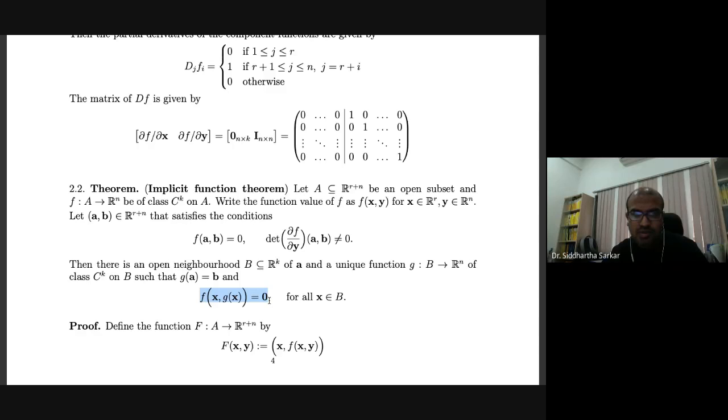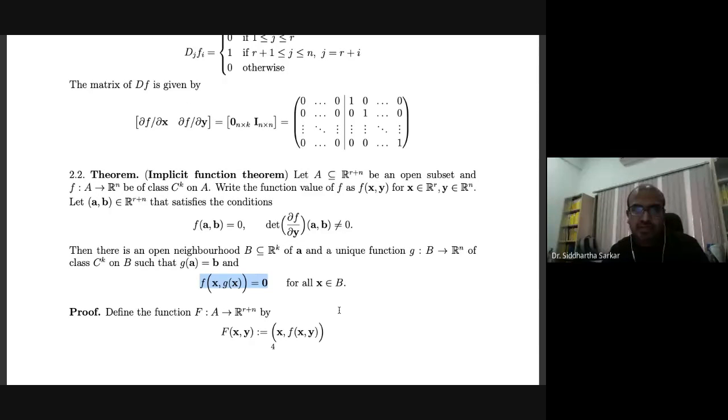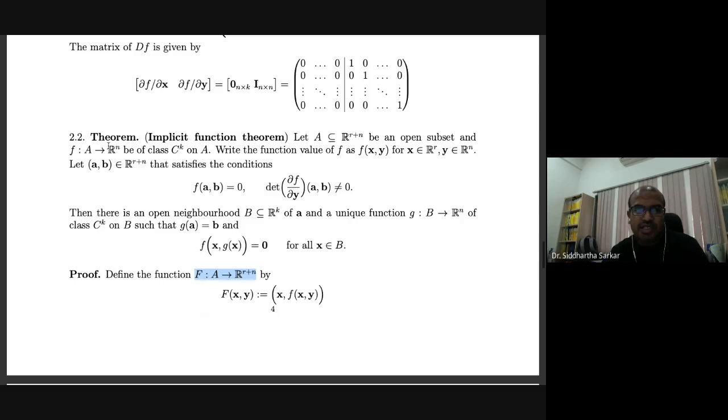So the main plan is to use the inverse function theorem, and if I want to use it, I need the dimensions to match. On the right side I have R to the power n. So what I'll do is simply take a function F which takes the value (x, y) to (x, f(x, y)). Then it turns out to be rightly in place, mapping R to the power r plus n to itself.